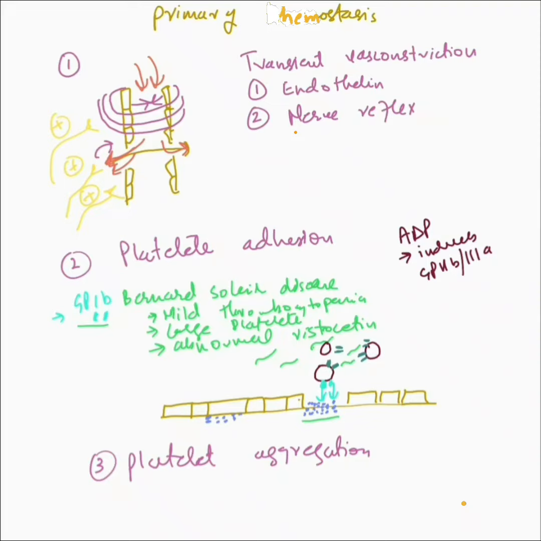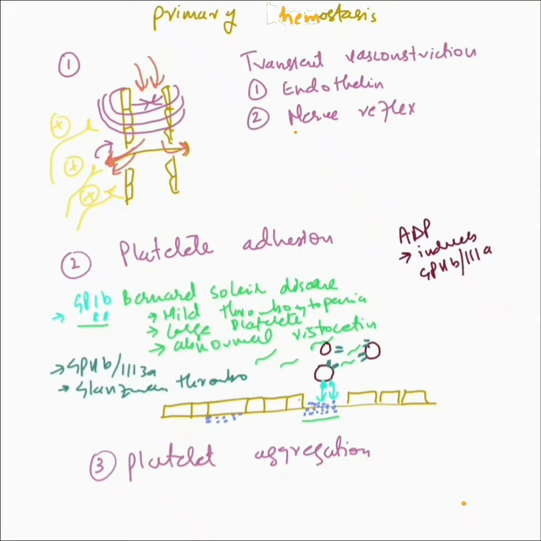So that was your GP1B, and then let's talk about the other receptor, GP2B3A receptors, and that is defective in Glanzmann thrombasthenia. It is also a qualitative platelet defect because the platelet number is normal.